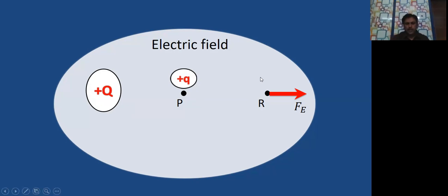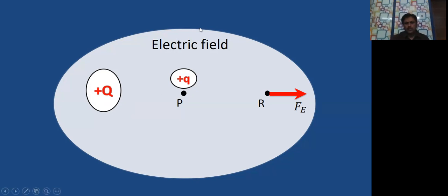That means even though there is some repulsion, I am moving it from one point to another point by overcoming this repulsive force. That means work is done against the repulsive force. So, as per our earlier discussion, when the work is done against the conservative force, that is stored as potential energy.